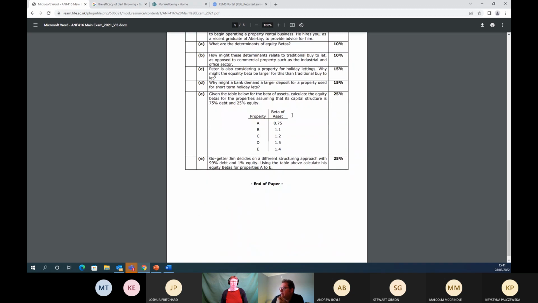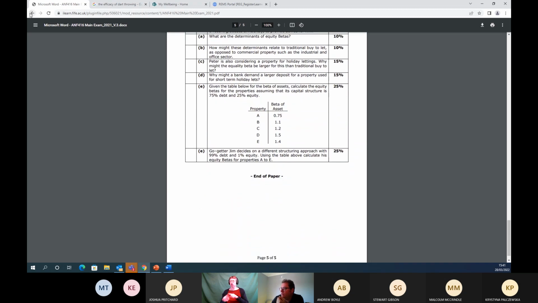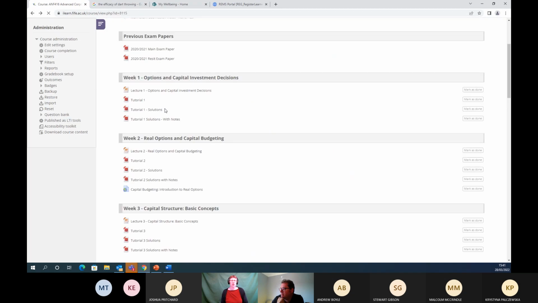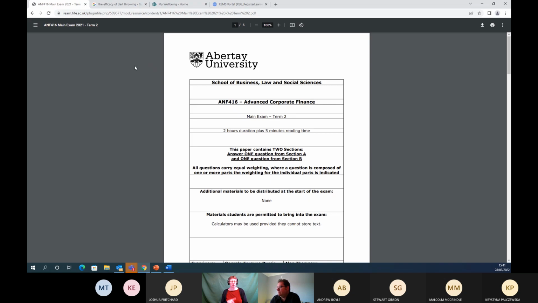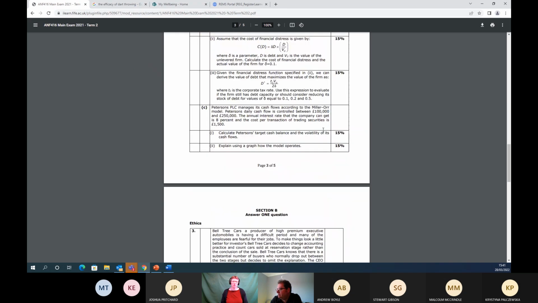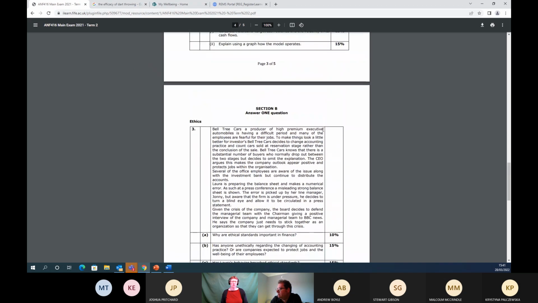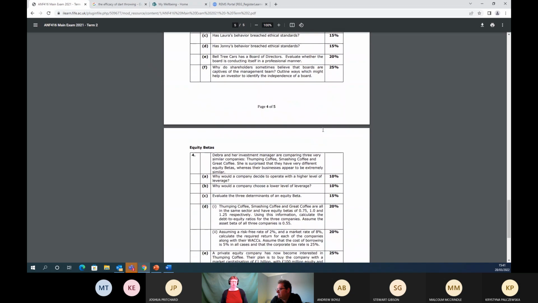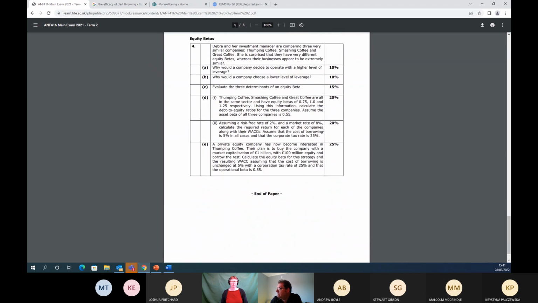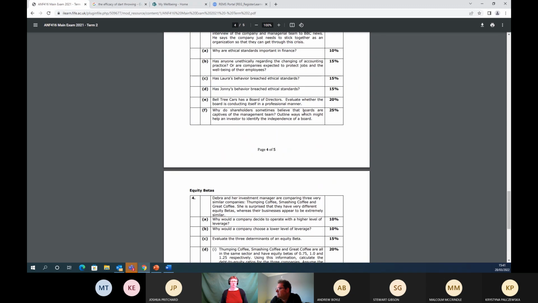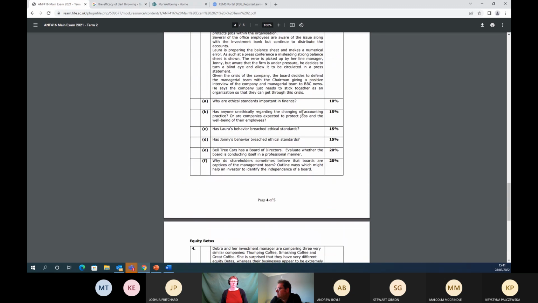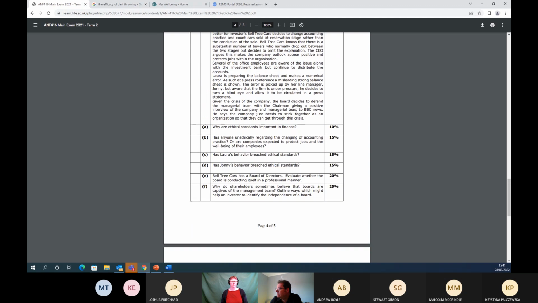Let me just see if I can find an example of one that has market efficiency in it. Okay.